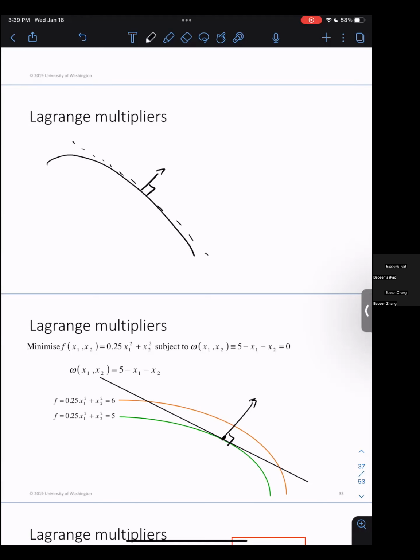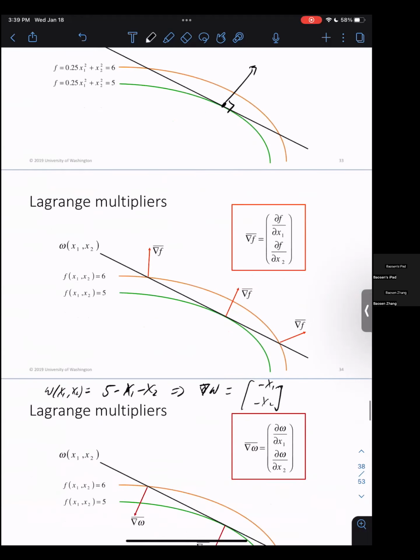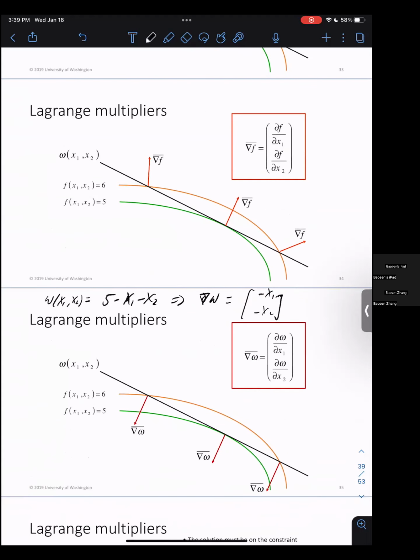What we can do is, for this constraint, take a derivative. The tangent to the constraint is this constraint function itself. This is a line, right? So checking whether your gradient is perpendicular to the constraint is equivalent to checking your gradient is parallel to the gradient of the constraint.